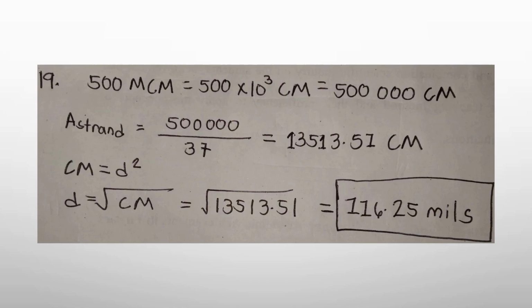And to get its diameter, we only need to square root the cm, which is the square root of 13,513.51. And we will get the final answer 116.25 mils.